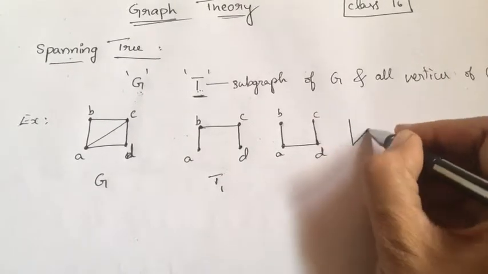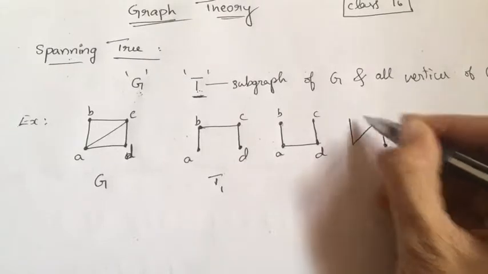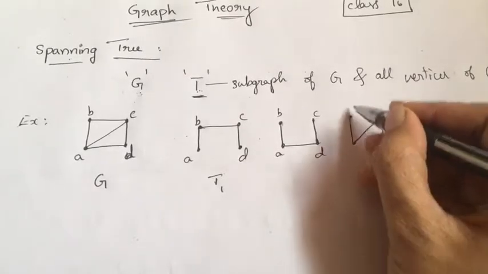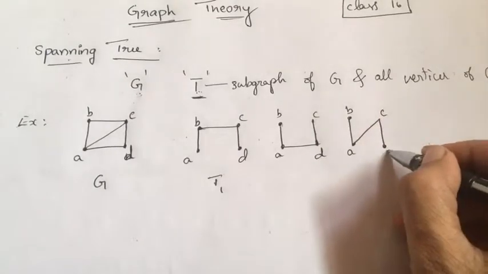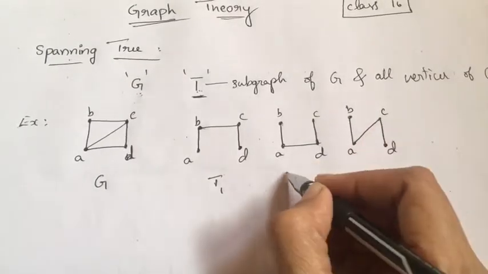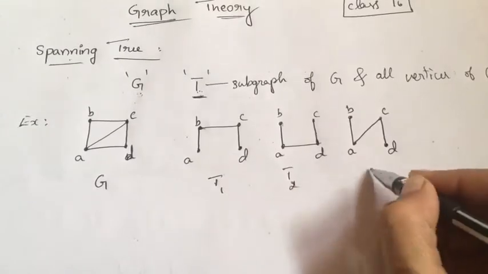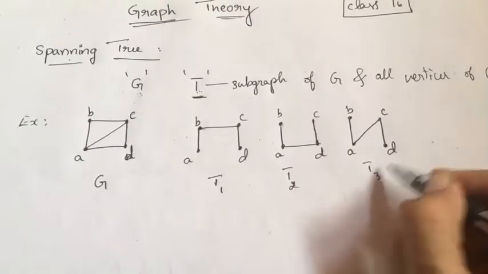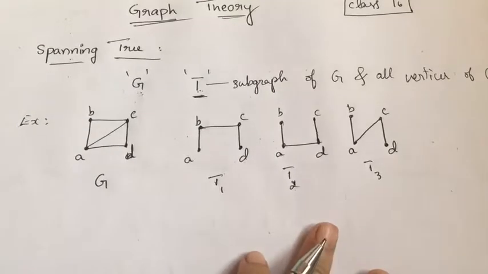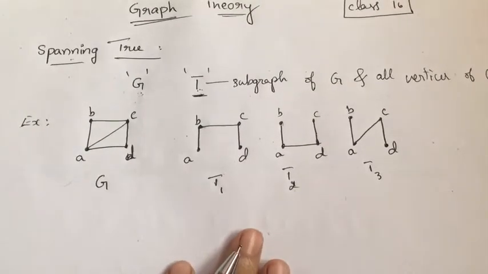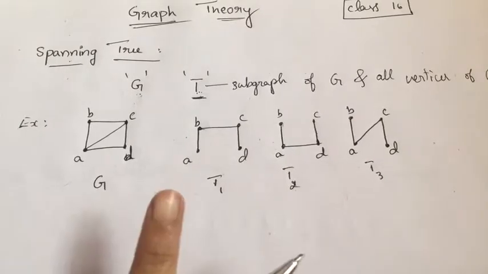I can even consider this one, B, A, C, D, which contains all the vertices of G. So always remember one thing, every connected graph has at least one spanning tree.